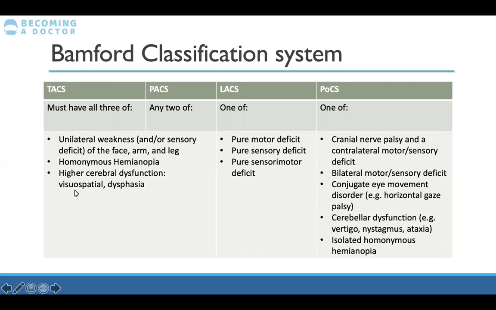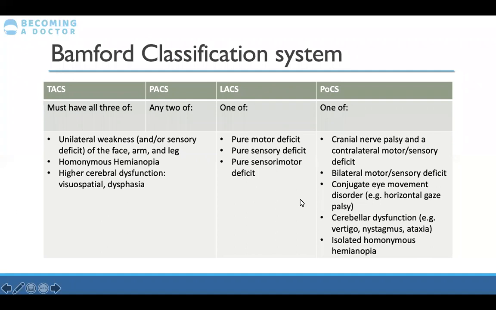So you need your unilateral weakness of the face, arm, and leg, a homonymous hemianopia, and a higher cerebral dysfunction. So it could either be dysphasia or visuospatial. Whereas for a partial anterior stroke, it involves either one of the ACA or MCA, and you only need two of these. So that's essentially a partial stroke, okay?